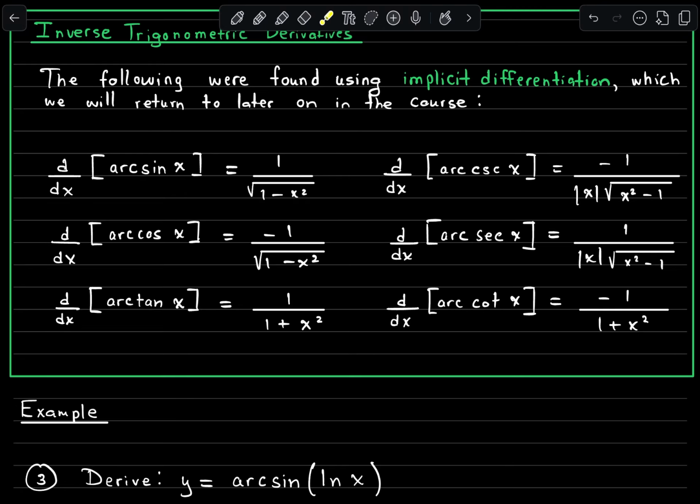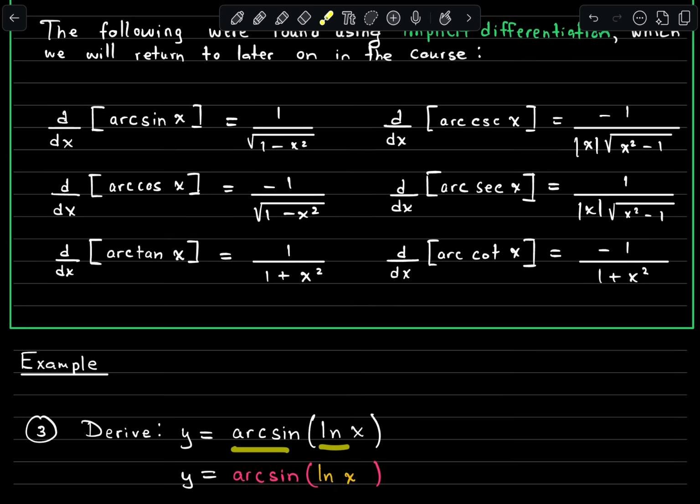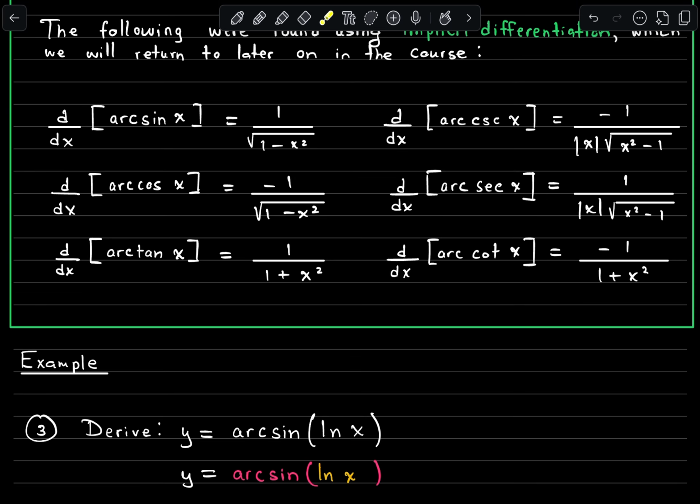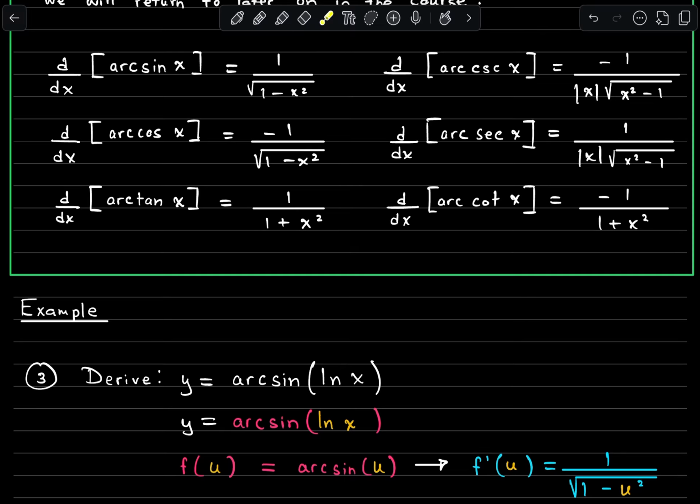Let's take the derivative of y is equal to arcsine of natural log of x. So here we've just got 2 layers. So these are actually a little bit simpler than what we were just doing with the trigonometric derivatives. Okay, so our outer function f of u is just equal to arcsine of u.